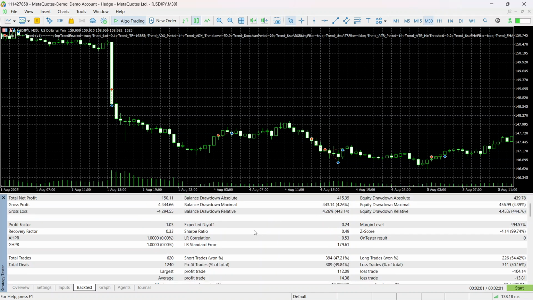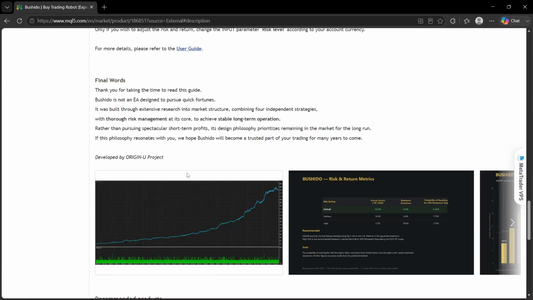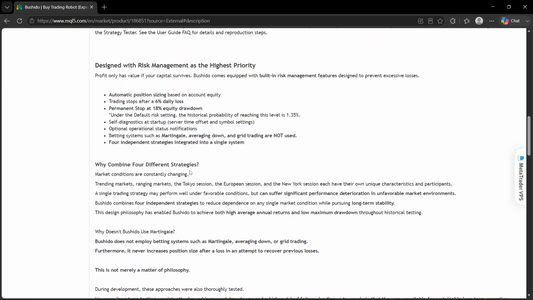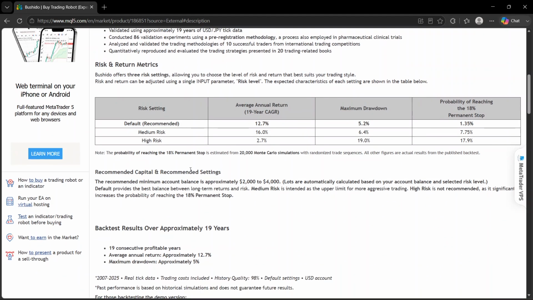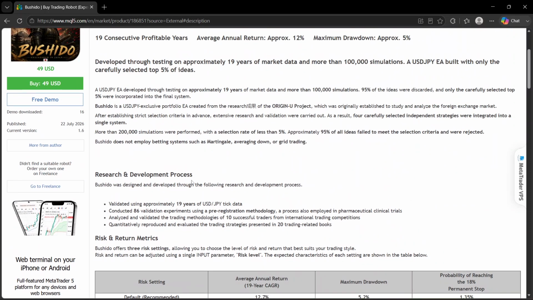Now compared to the developer's 19-year 12.7% annual with 5% max drawdown, this 1-year sample is a lot quieter. And that is not unusual for a multi-model system that only fires when all the conditions line up. Some years it's going to look almost flat. The drawdown numbers in my test stayed inside the historical range, which is at least consistent, but the return is obviously far below the long-term average they're advertising.